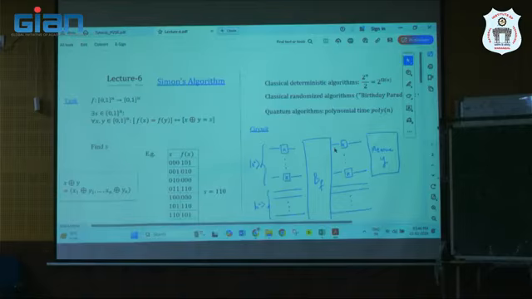Maybe it is not clear. 2 power 7 by 2 is 2 power 6. We can write 2 power 7 by 2 as 2 power 7 minus 1, using the formula a power m by a power n is a power m minus n.